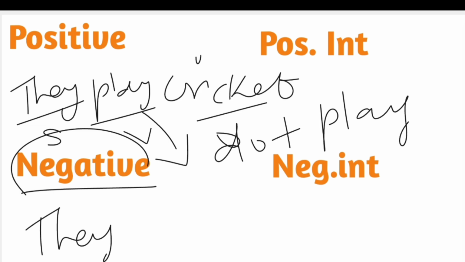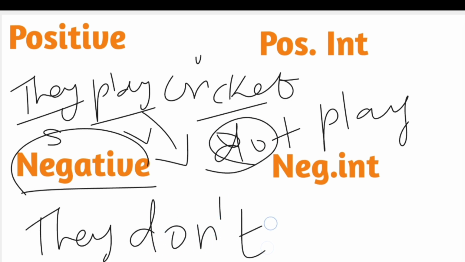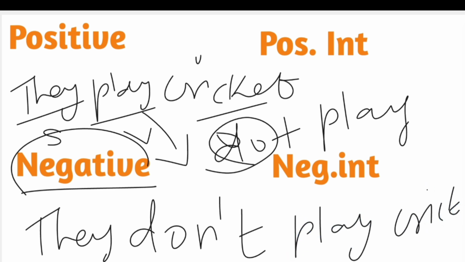Before that, the auxiliary verb for play is do. So they do, and because it is negative, not. So they don't play cricket. This is a negative sentence, right? You just add the auxiliary verb do and not. They don't play cricket, right?